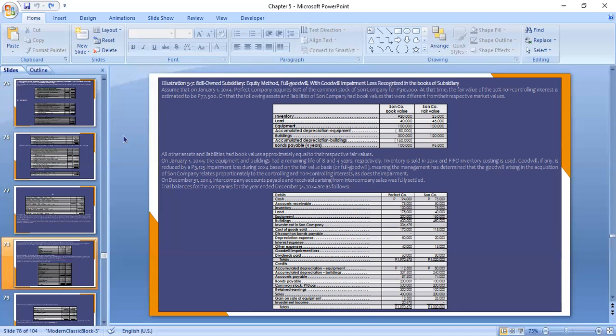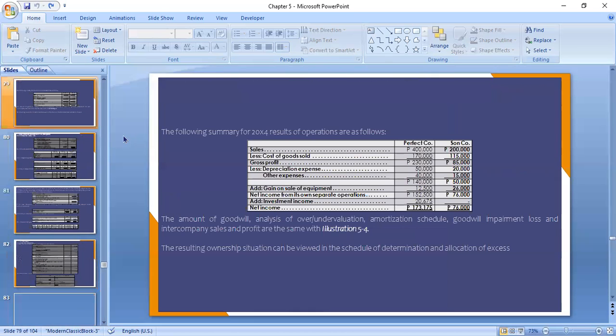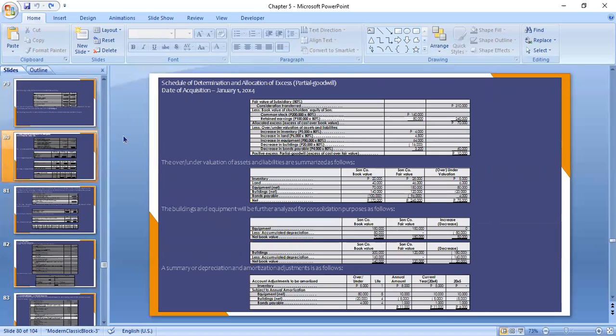We have now the treatment of the account still similar to the previous. So take note that we have here the trial balances of the two companies, and the results of operations still have the same amounts of net income, the allocation of excess.